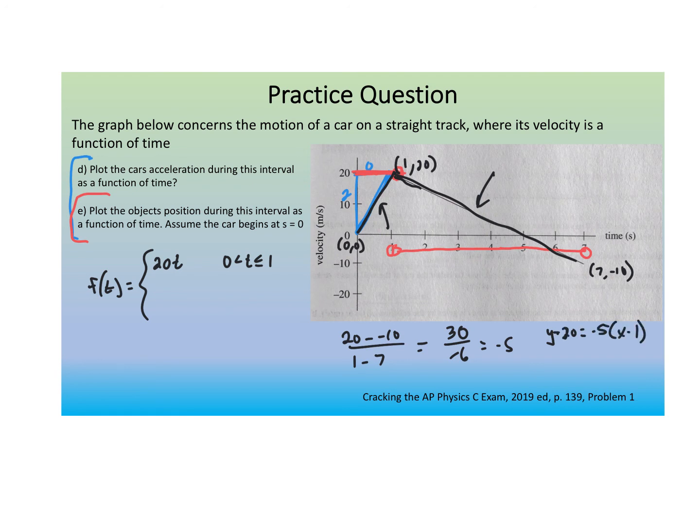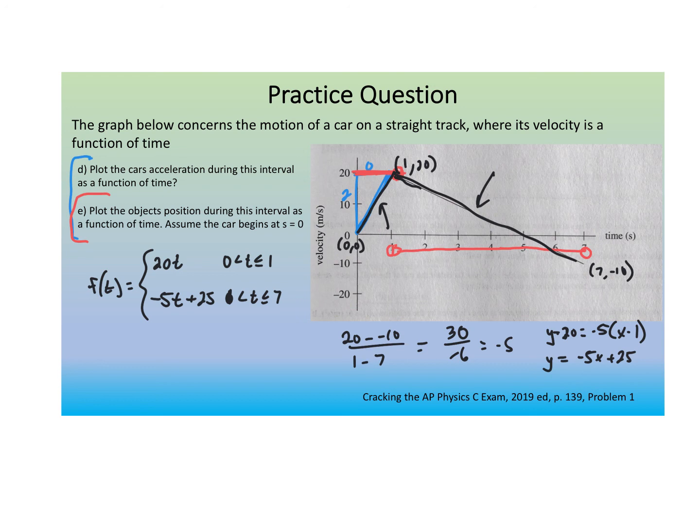If you like slope-intercept form, which would be good over here, y equals negative 5x plus 5 plus 25. So negative 5t plus 25, and that is from 1 is less than t, which is less than or equal to 7. So there's our piecewise function.